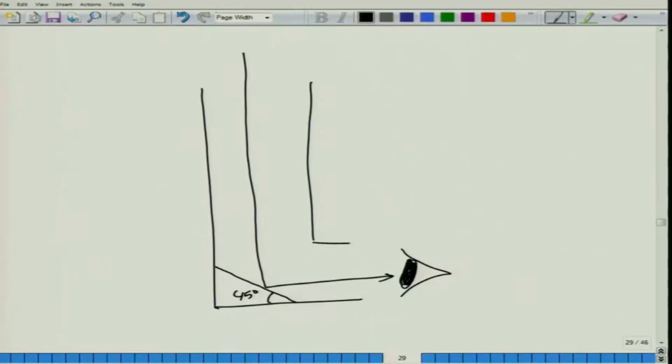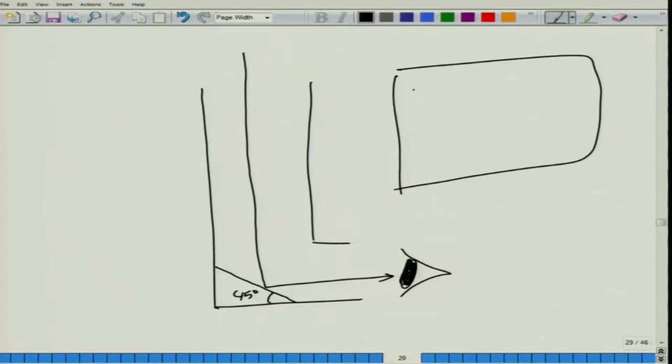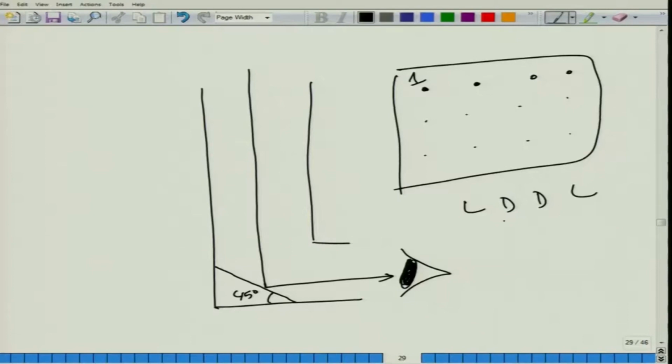So, what will you do with this tube? If this is your forest area, you will take these sample points, then you will go to the sample points and use your tube to see what lies on the top. So, for instance, if at position 1 you are able to see light, in this position you have darkness, then maybe darkness, then maybe light.